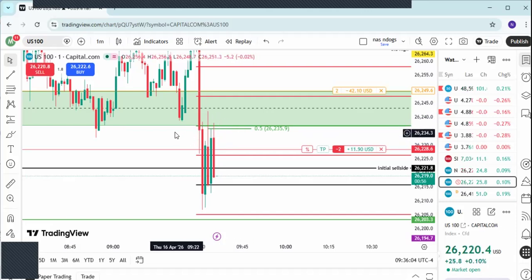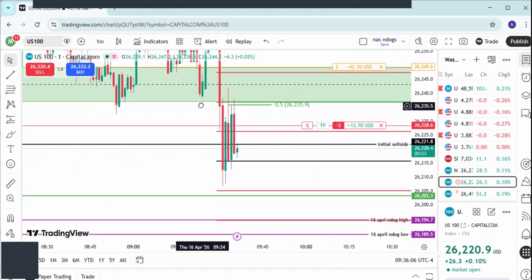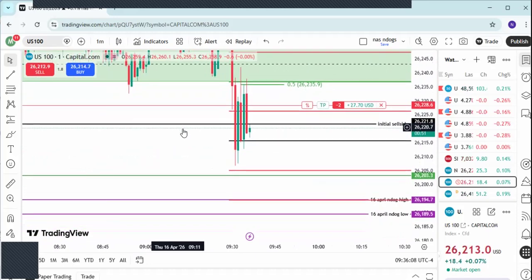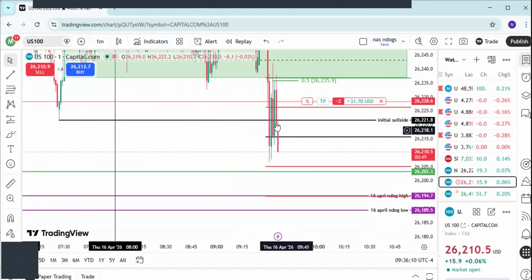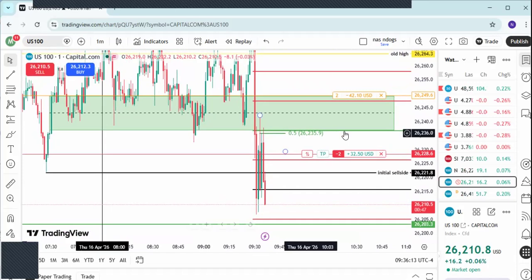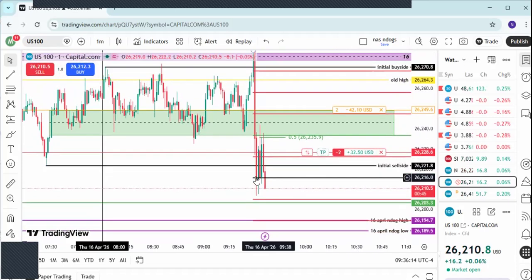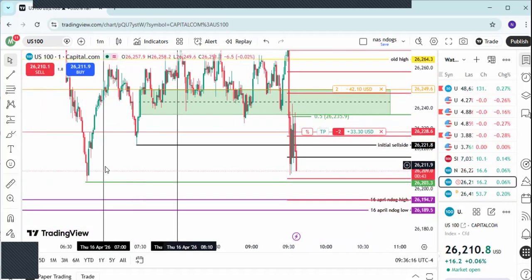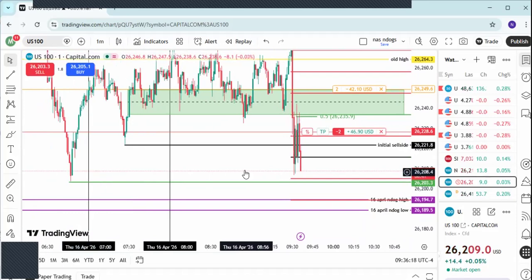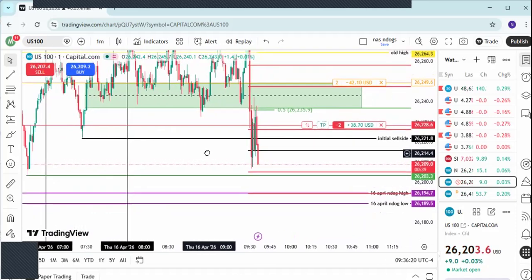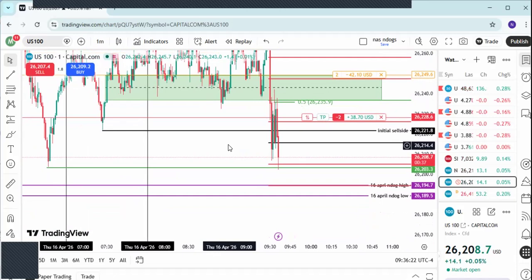Beautiful here. I'd like to see speed. There we go. That's nice. Let's go, baby. Like to see this little ticket out there. Bam.